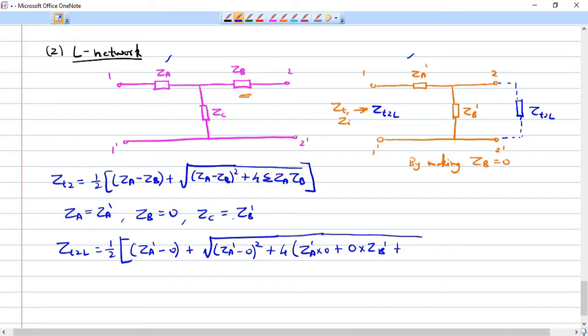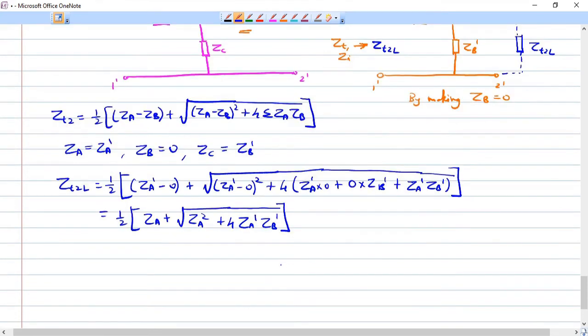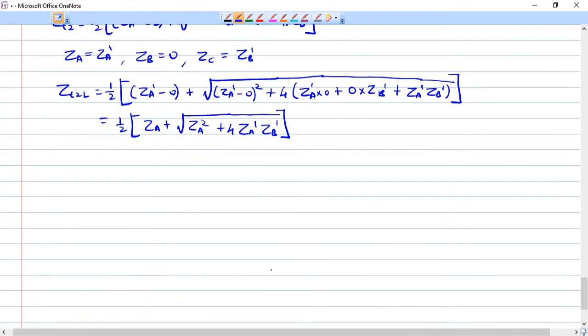ZC is ZB dash and ZA is ZA dash, so that will be ZA dash into ZB dash. So we get half of ZA dash plus root of ZA dash square plus 4 times ZA dash into ZB dash. That is the iterative impedance for this L network.